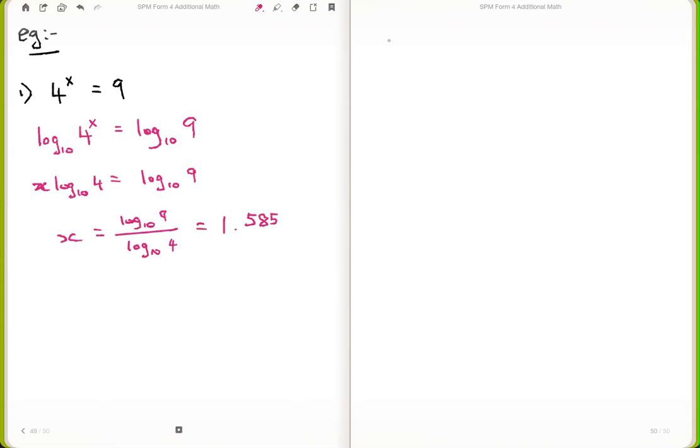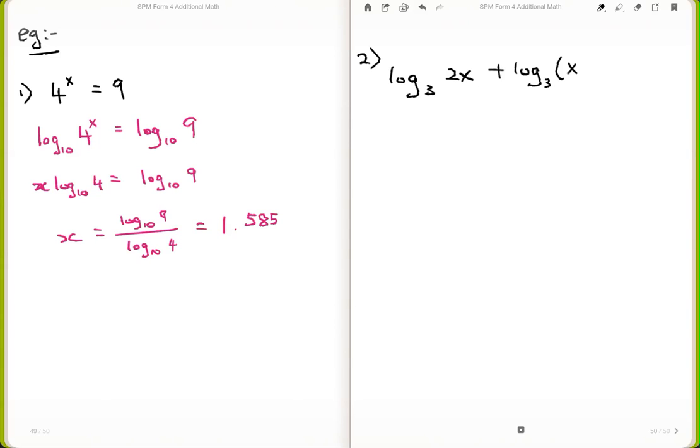A more complicated one, example, question 2. It says I have log 3 2x plus log 3, the common base is 3, x minus a half equals 1.